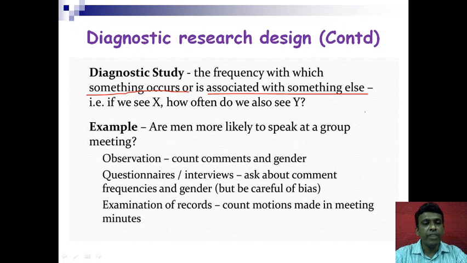That is, if there are two variables, say x and y, that we are going to study, then if we see x happening, how often do we see y? We are counting, and also we are trying to find out the association between x and y, that is, we are trying to correlate x and y.